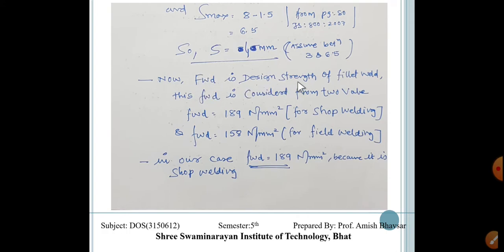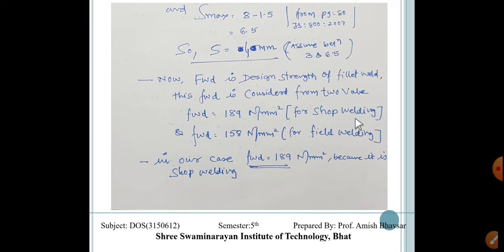FWD is the design strength of fillet weld. This FWD is considered from two values, whichever is suitable for us. First value is FWD 189 Newton per mm square for shop welding. Means if we are going to weld in our factory, then it should be taken as 189.